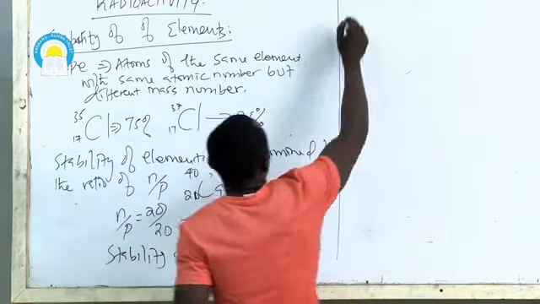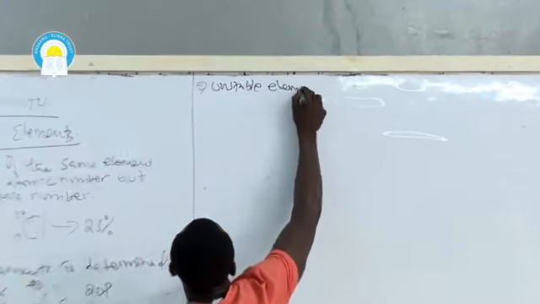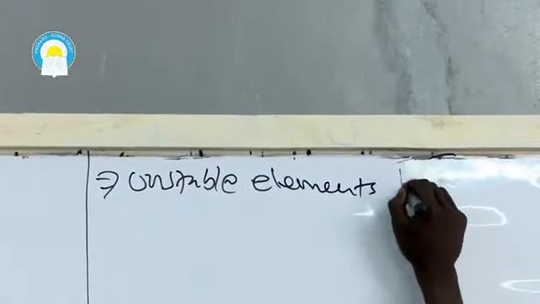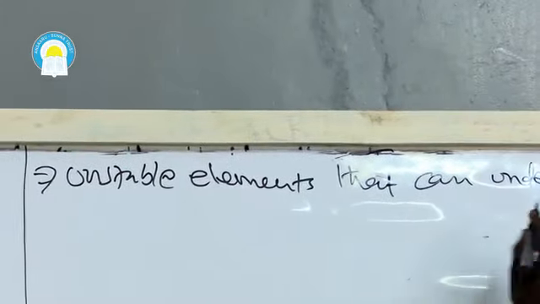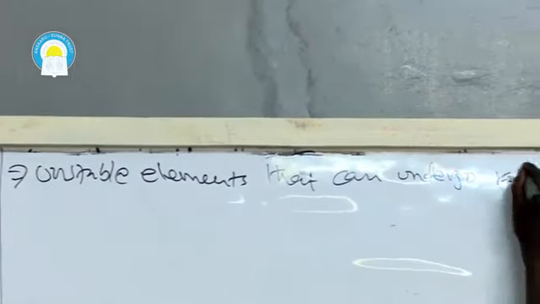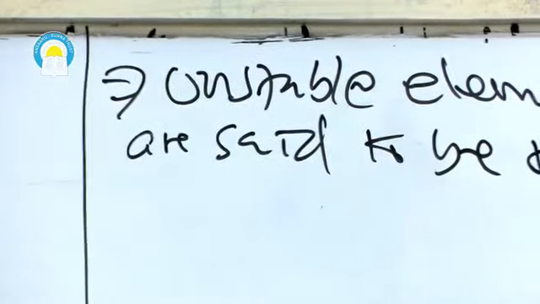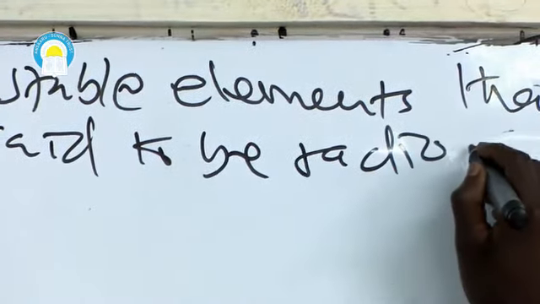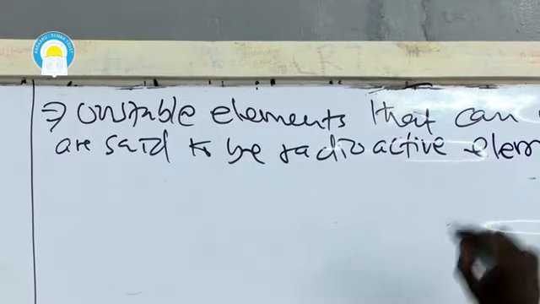Unstable elements that can undergo radioactivity are said to be radioactive elements.